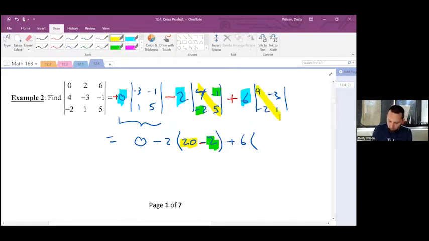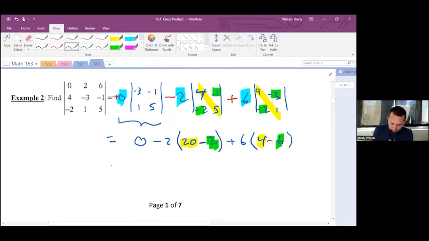So now 4 times 1 is 4, minus, the negative is built into the formula. And then the product of the other diagonal entries, negative 2 times negative 3 is positive 6.